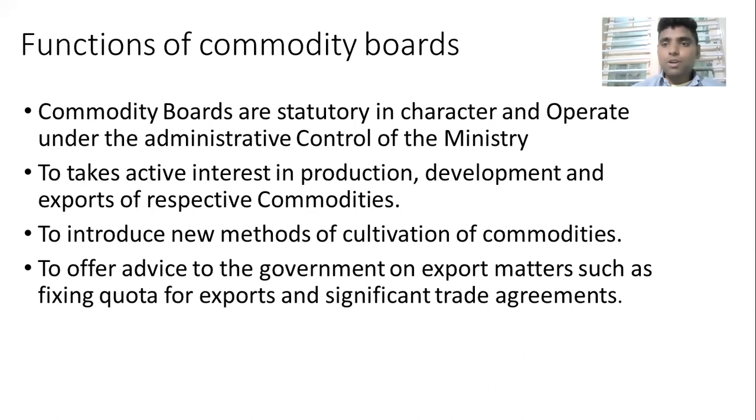One important thing is that you can export a product only when you have good production. For that, there should be a good environment for information to be distributed and to reach the farmers. Hence, new methods of cultivation of commodities.